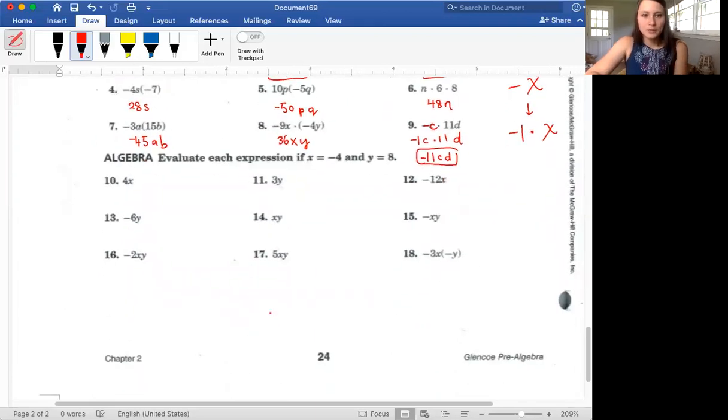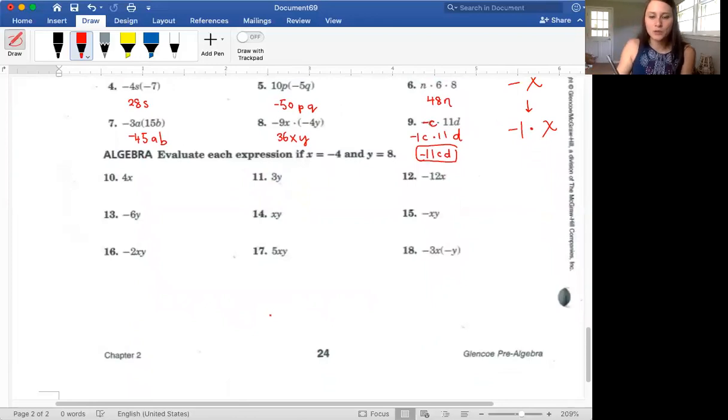All right, for these down here, we're just gonna sub in our values for the variables and solve it like we did earlier. So we would rewrite the expression by replacing x with the value that it is, which is -4 because it tells us up here. And so we can work this out. 4 times -4 is -16.